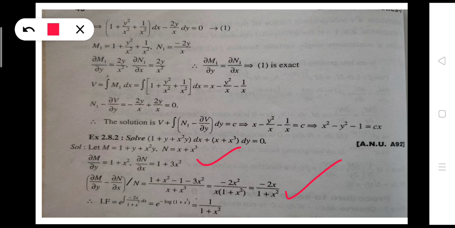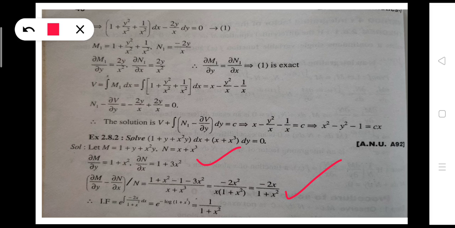Now to find the integrating factor of this problem, the formula is e power integral of f of x dx. Here f of x is minus 2x by 1 plus x square, so it is written as e power integral of minus 2x by (1 plus x square) dx. Now in the integration, the derivative of the denominator lies in the numerator.